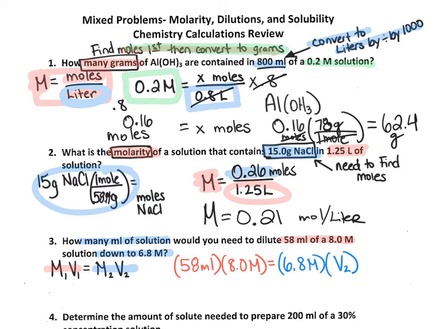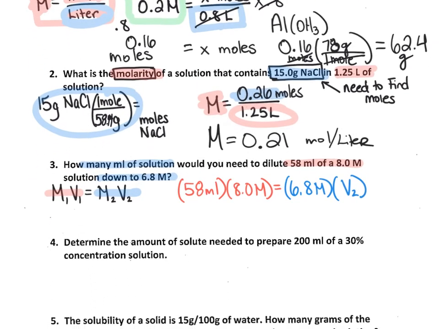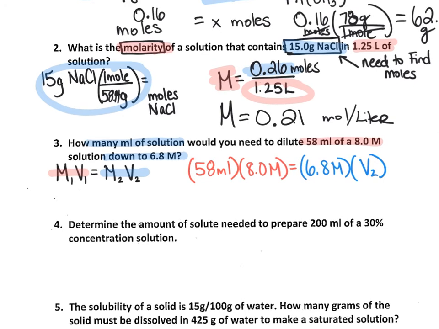The next problem has us using the dilution equation. I want to know how many milliliters of a solution I need if I want a molarity of 6.8. So those two pieces go together, my unknown volume and my 6.8 molarity. And I'm going to start with 58 milliliters of a solution that is 8 moles per liter.